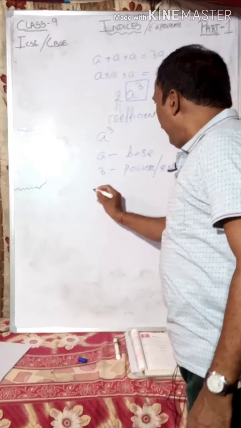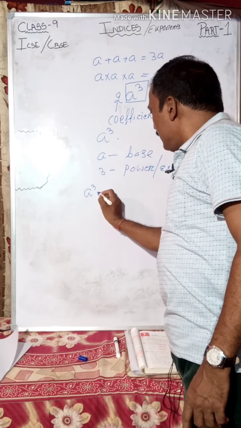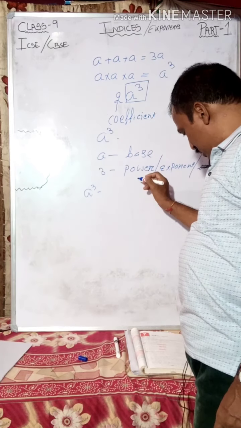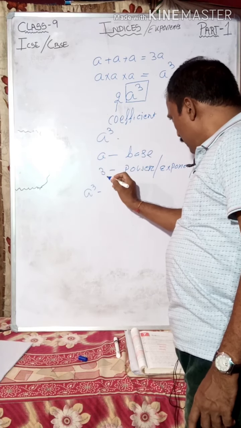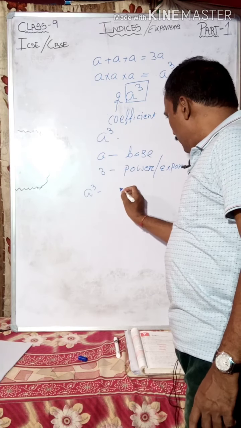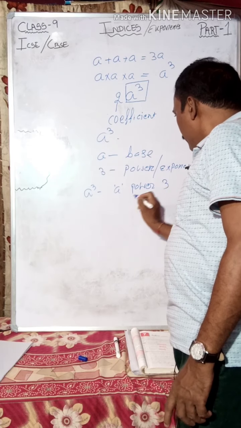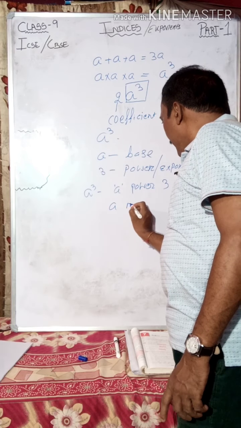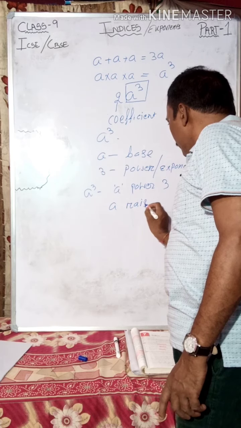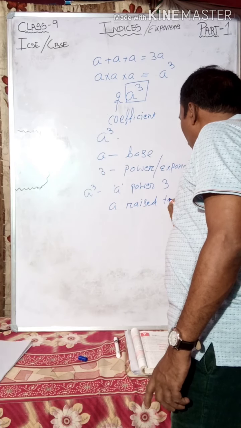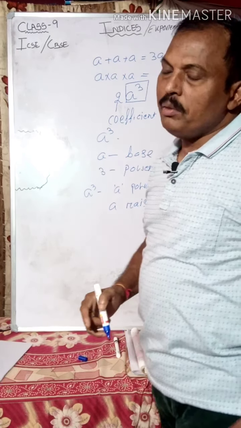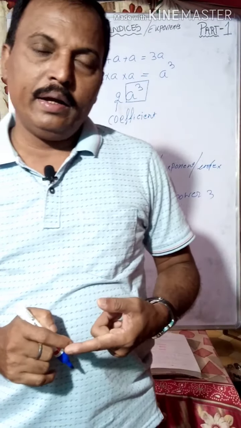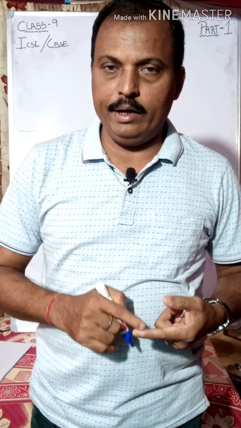How will we read this? a power 3, or a raised to the power 3, or simply we read a to the power 3 or a cube.